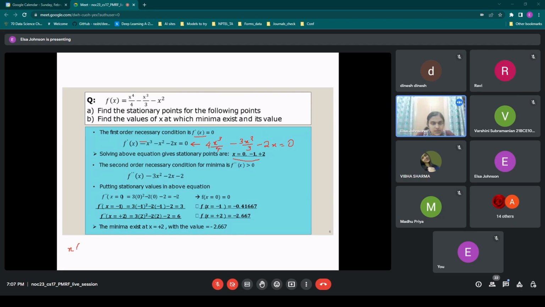You can take x out from the equation, and it will be like x square minus 3x minus 2 equal to 0. That is why one of the equations is coming up as x equal to 0, and for the rest, you can write x square minus 3x plus 3x minus 2.